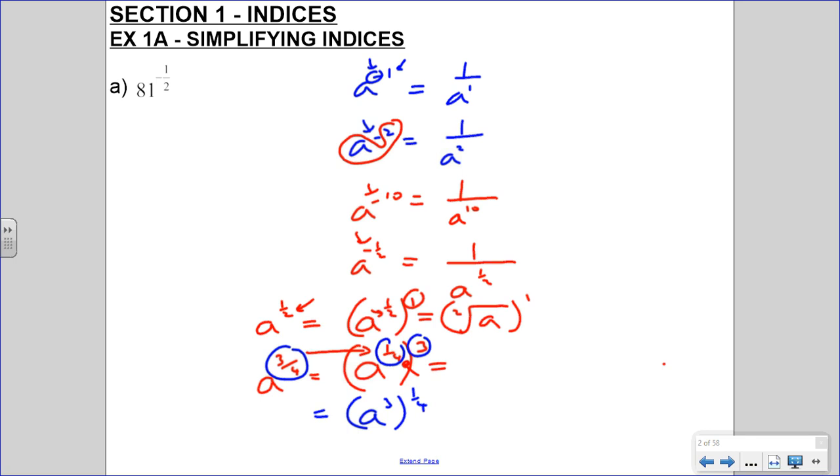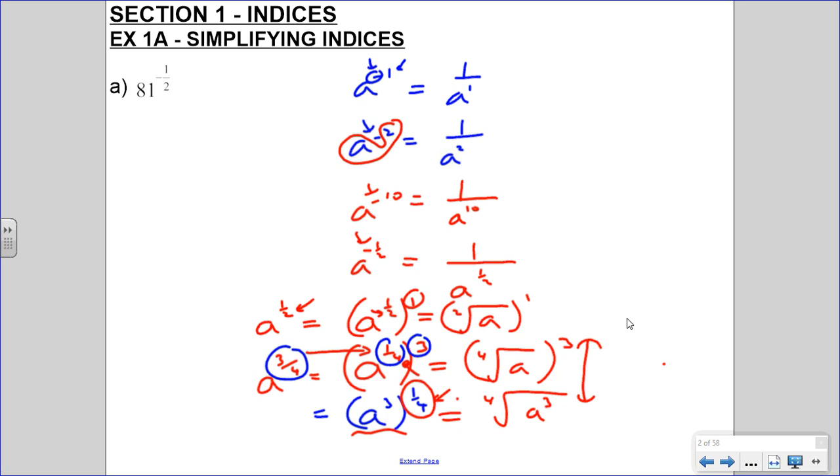The bottom number is 4, so that means the 4th root of a to the 3. And if we look at the next line down, you can see the quarter on the outside, so that's the 4th root of everything inside, the 4th root of a cubed. These two things are the same. It just depends on which order you'd like to apply them.